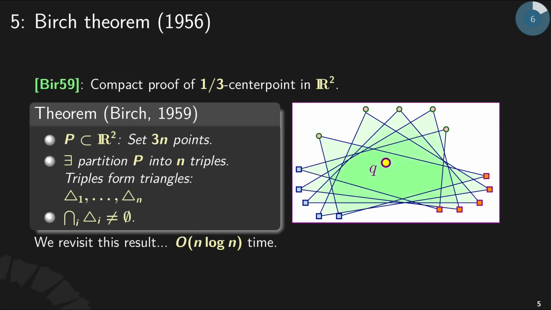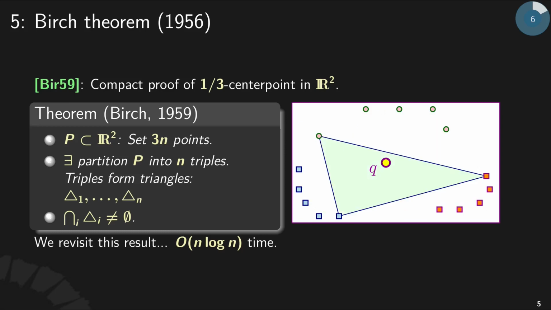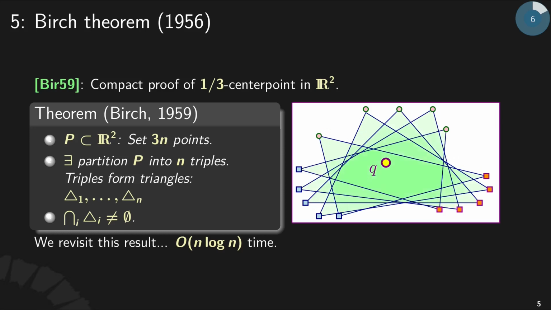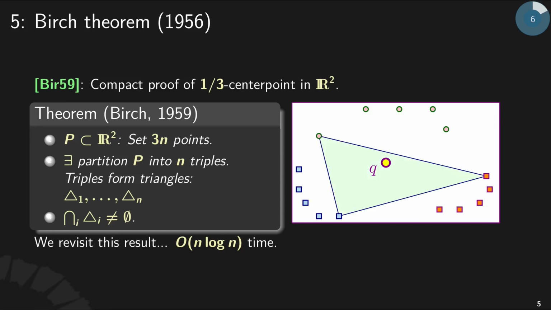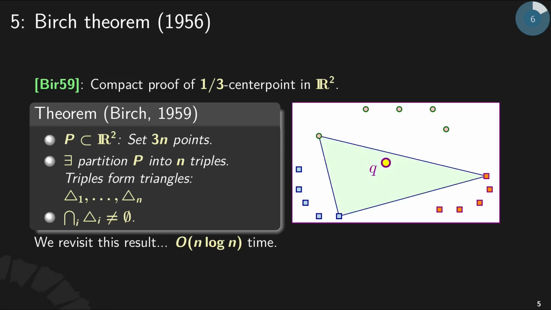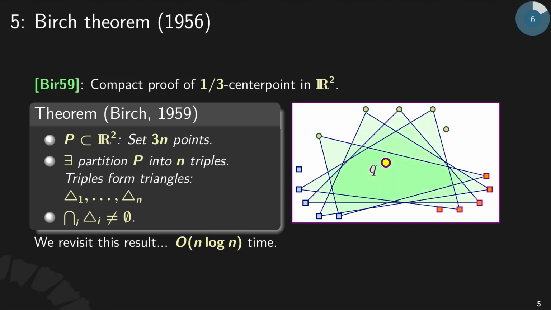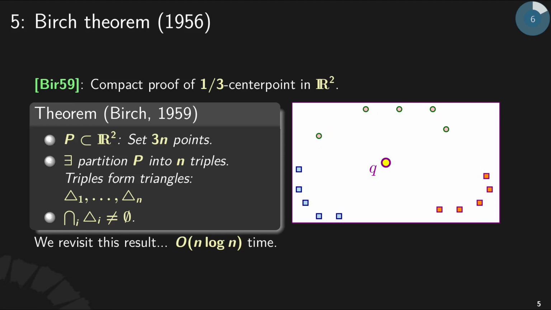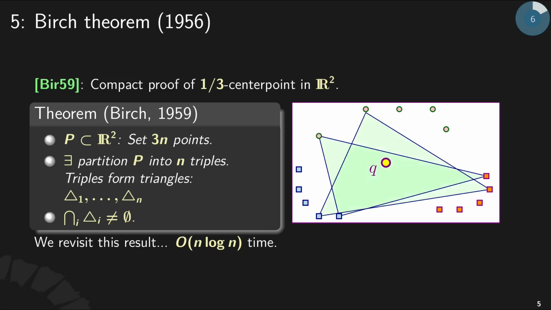So you partition the points into triples. Every triple is a triangle, such that the intersection of the triangles is non-empty. And this is your center point. The reason why it's a center point is because every half plane that contains the center point must contain at least one vertex of each one of those triangles. So as such, it's a third center point.